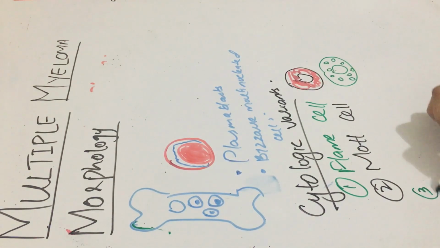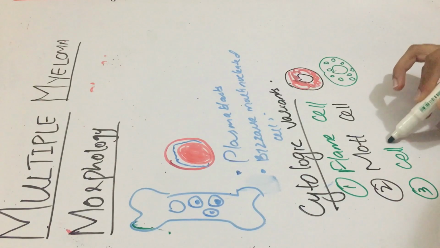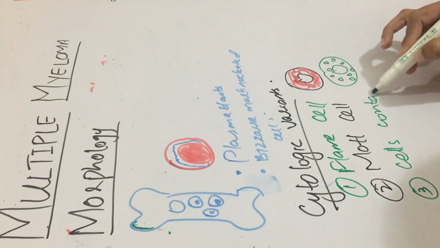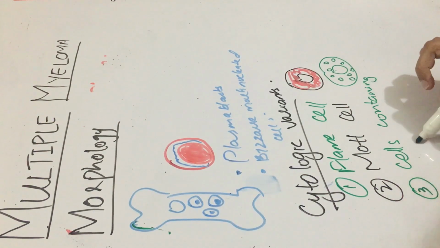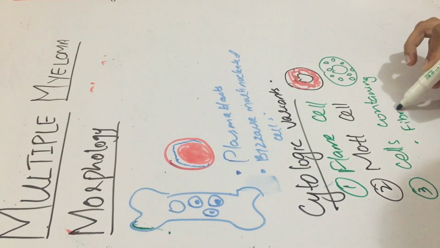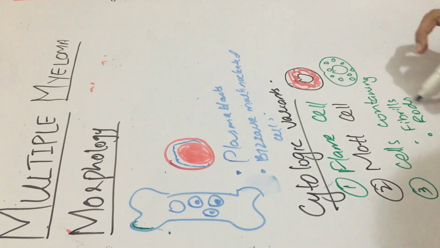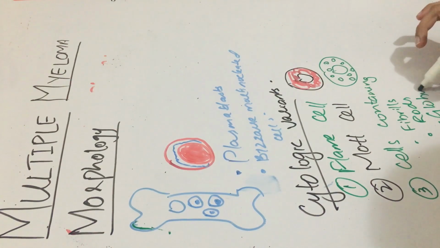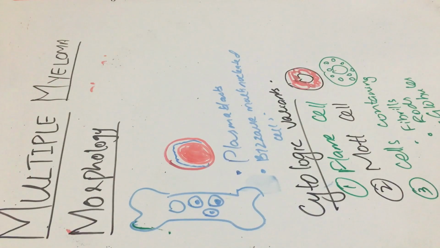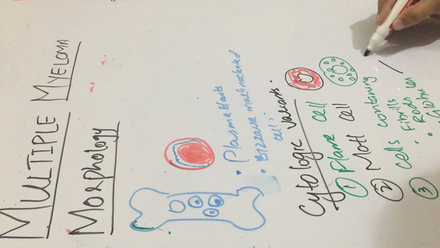And there are other cells containing various inclusions, like fibrils, crystalline rods, and globules. There are two types of globules. One is Russell bodies and the second is Dutcher bodies.